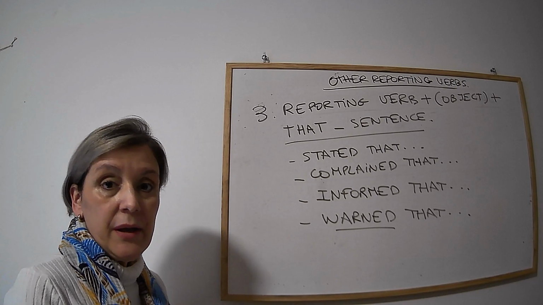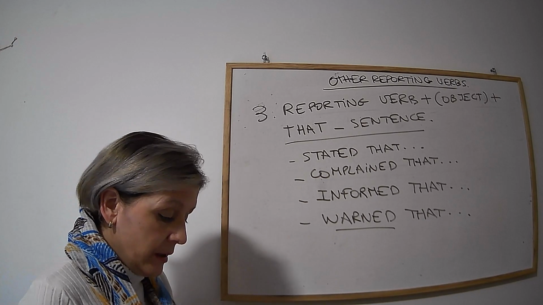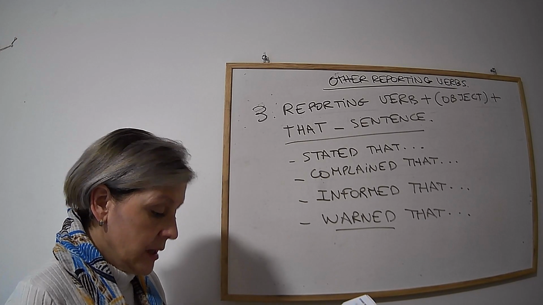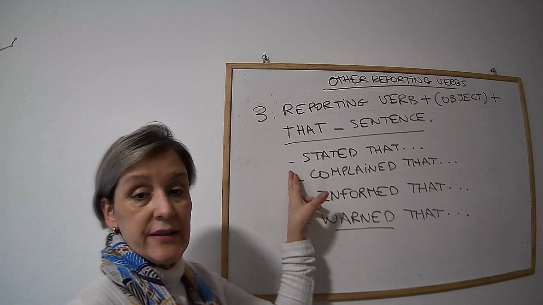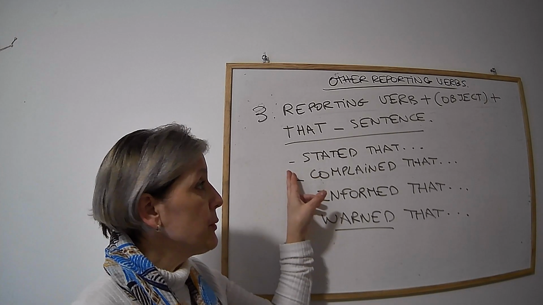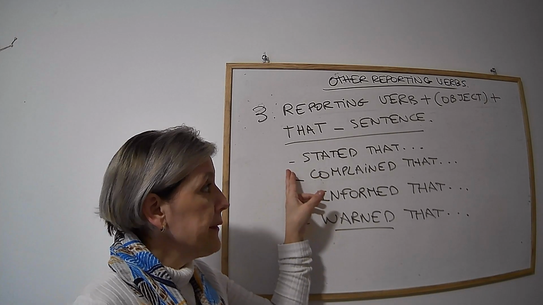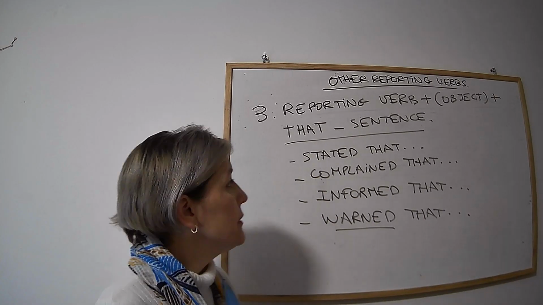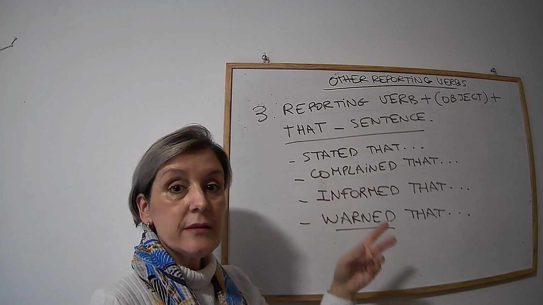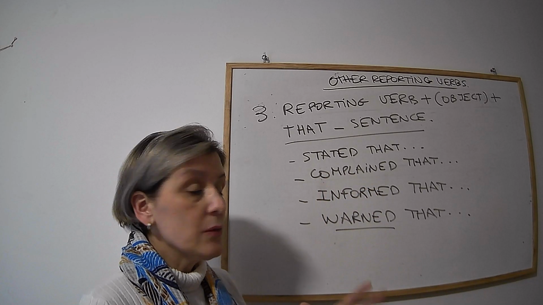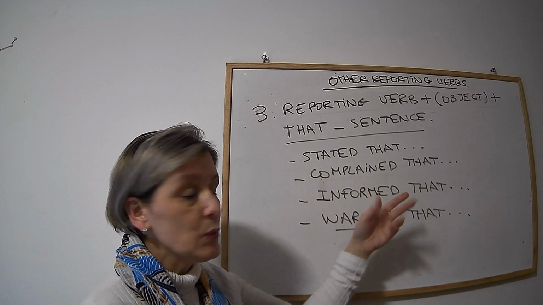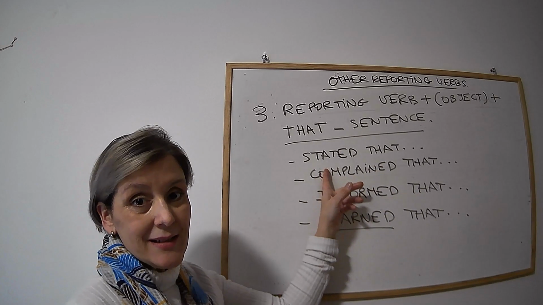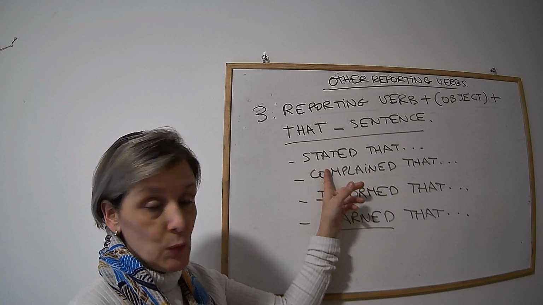There are many examples in the photocopy. Whenever you state something, for example, the sky is blue, she said. Instead of saying the sky is blue, she said that the sky was blue. We can say she stated that the sky was blue.